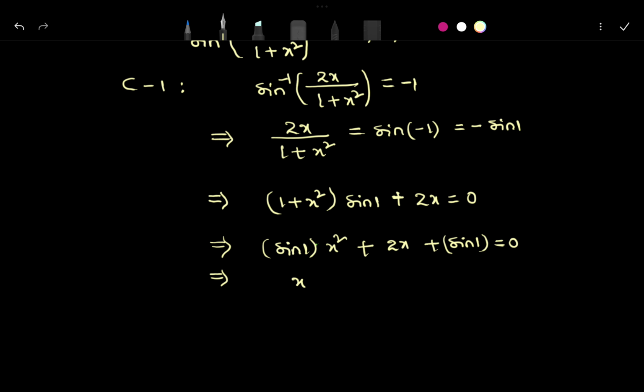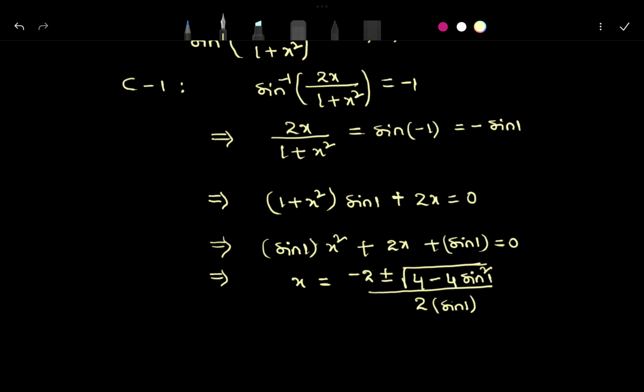Quadratic form means how can we find the roots? x is equal to minus b plus or minus root of b square minus 4ac whole divided by 2a. According to that formula, minus 2 plus or minus square root of b square minus 4ac, where b square is 4 and 4ac is 4 into sine square 1, whole divided by 2 into sine 1.